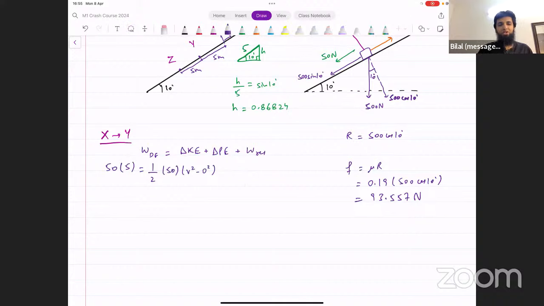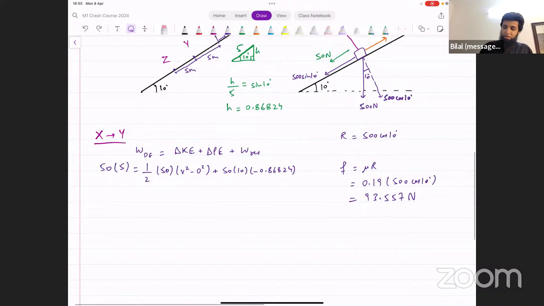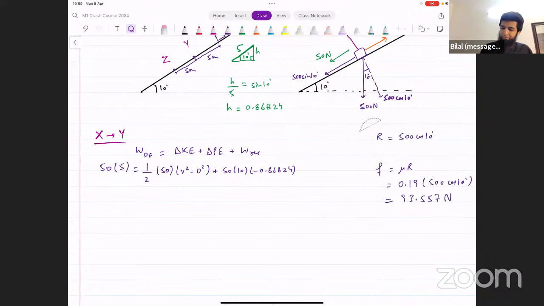Plus the change in potential energy. What's the change in potential energy? mgh, m is 50 into g, that's 10. Change in height: remember the height is decreasing, so we should consider a negative value here, minus 0.86824. The change in potential energy is going to be negative. And then we have to find the work done against resistance.